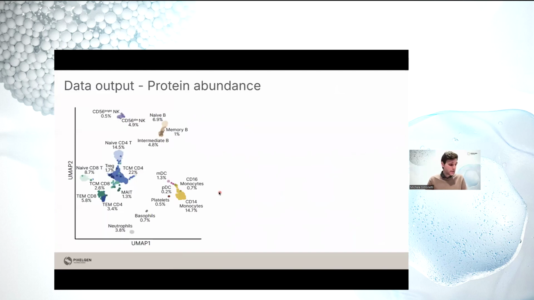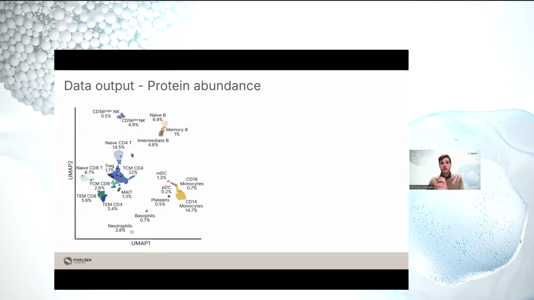So regarding abundance, what we have here is a PBMC sample. We have performed high dimensional clustering, so we can see here all the different subpopulations. And in the plex, we have also included some contaminants like platelets or granulocytes, for instance. We have also markers for stem cells and cancers like myeloma. But the beauty of the technology is that we can go beyond this. So we can go into each of these subpopulations here.